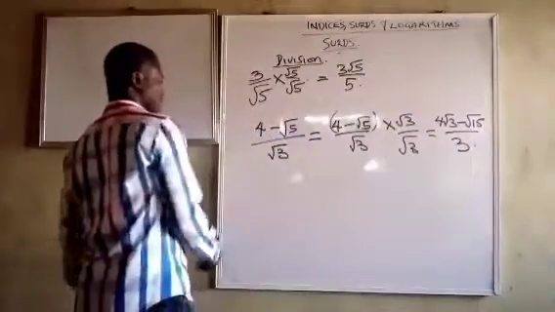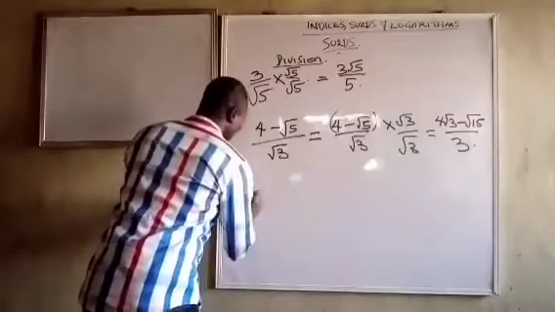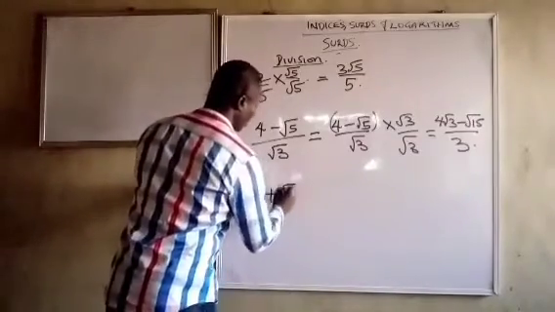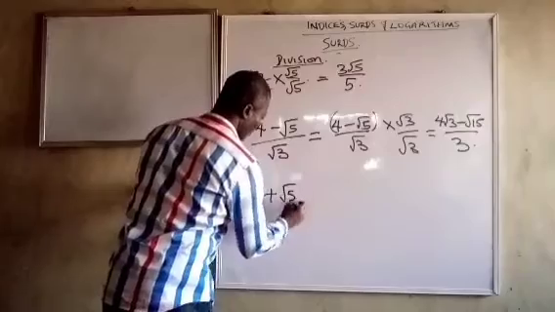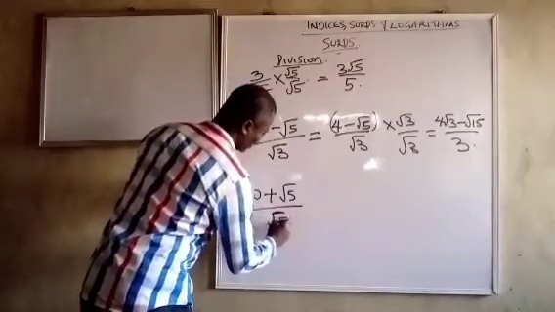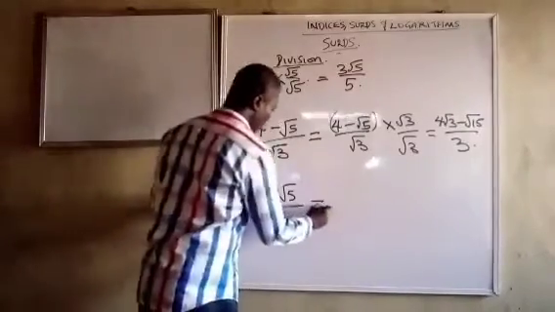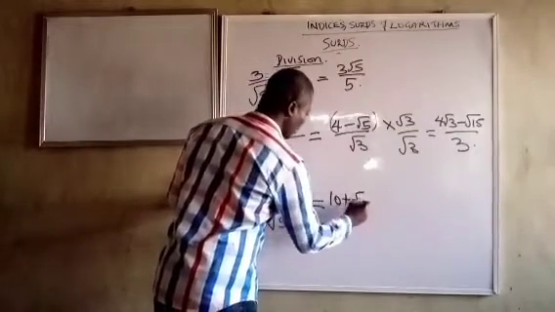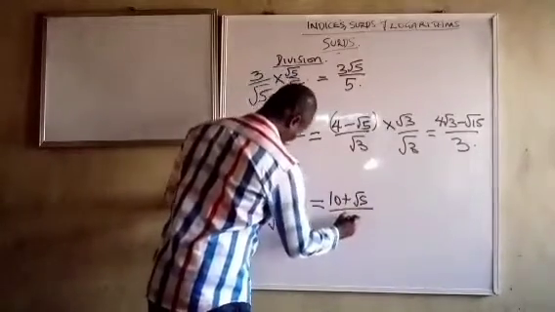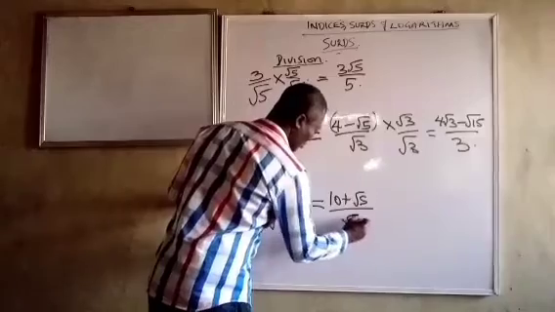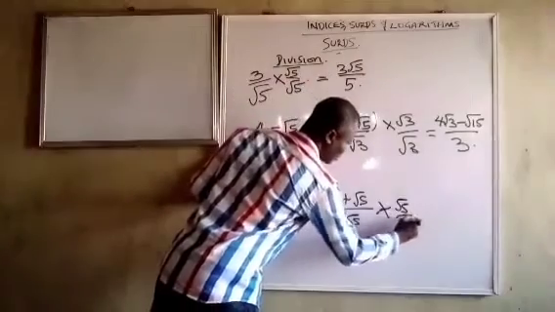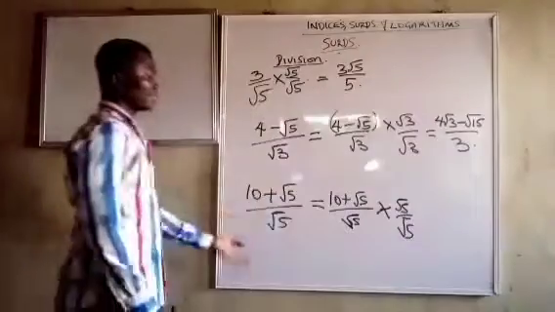We can also have it like this. Let's look at another one. Let's say 10 plus root 5 over root 5. Look at what it will become now. It's going to be 10 plus root 5 over root 5 times root 5 over root 5.